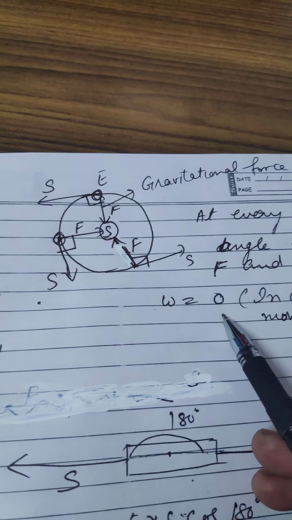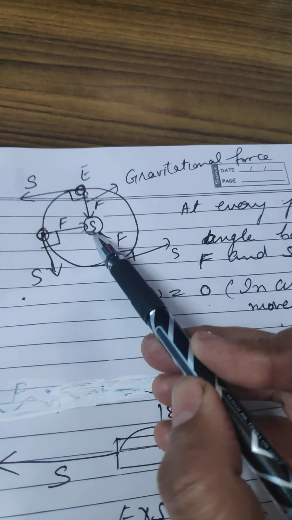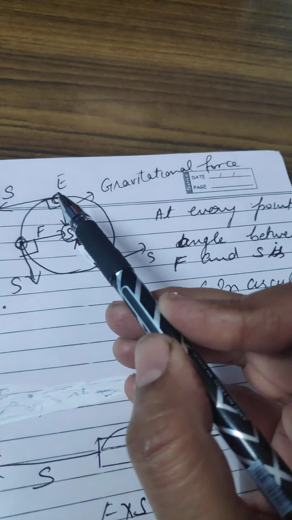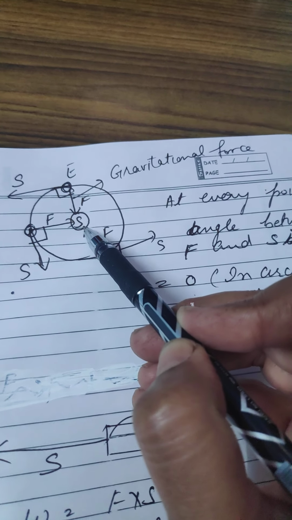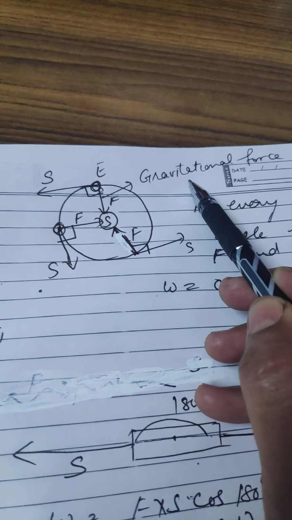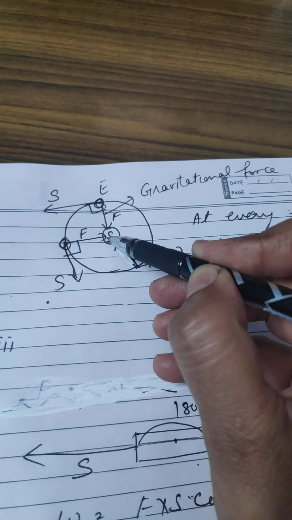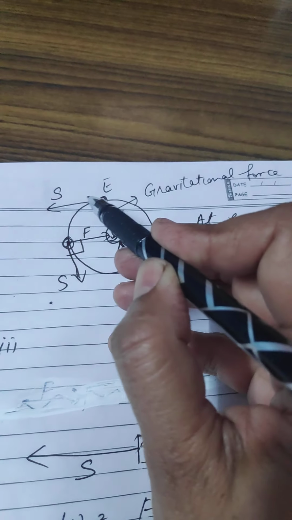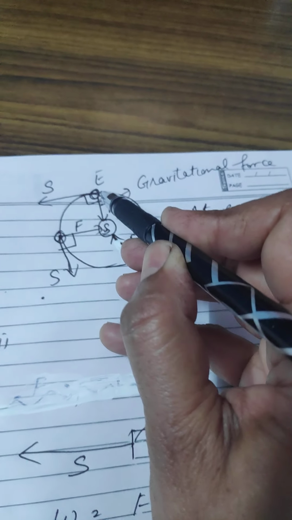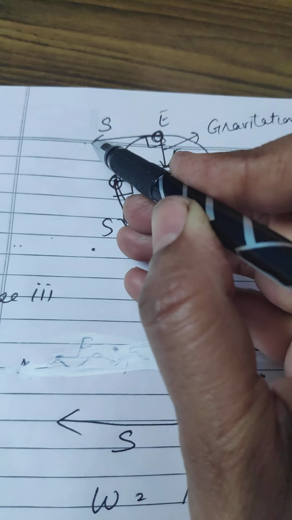Now suppose it is the sun, and we know that earth revolves around the sun, and earth is always attracted by the sun by the gravitational force. Force is acting towards the center of the circle where the sun is, and the displacement of the body, since the earth moves like this, is along the tangent.